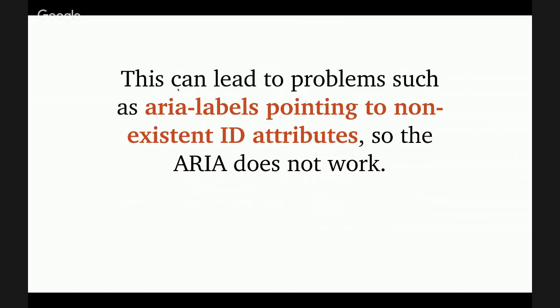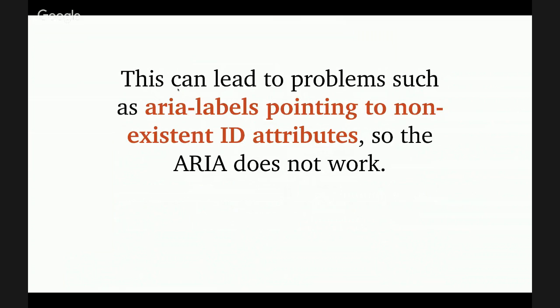One problem I've seen quite often is where ARIA labels point to non-existing ID attributes, and then of course the ARIA doesn't work at all. An example I've seen in the wild is where people copy things like a Bootstrap modal. Bootstrap has ARIA labelledby and ARIA describedby pointing to the H1 or the H2s inside the modal itself.